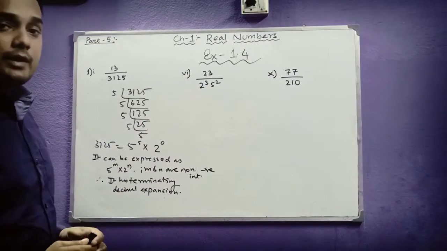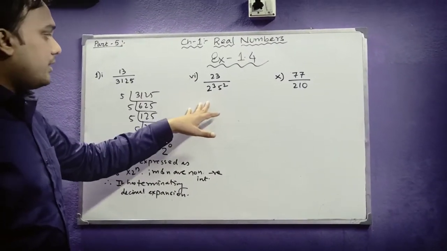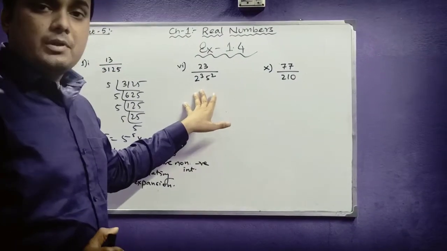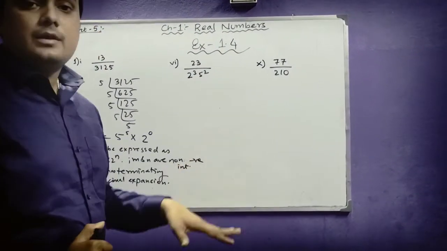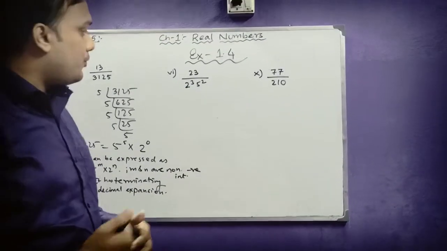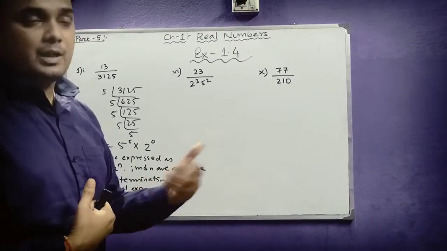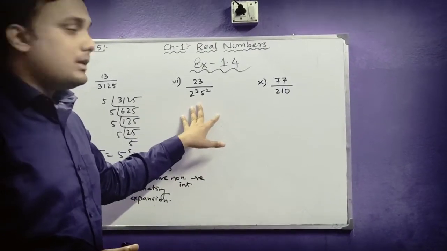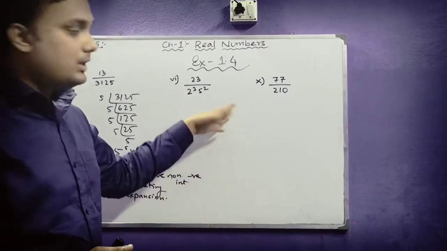Let us move on to our next question. See here, one convenient thing you will be getting is that the denominator is already expressed in the prime factorization form, so you don't need to do the prime factorization separately. The denominator is of the form 2 to the power n into 5 to the power m.